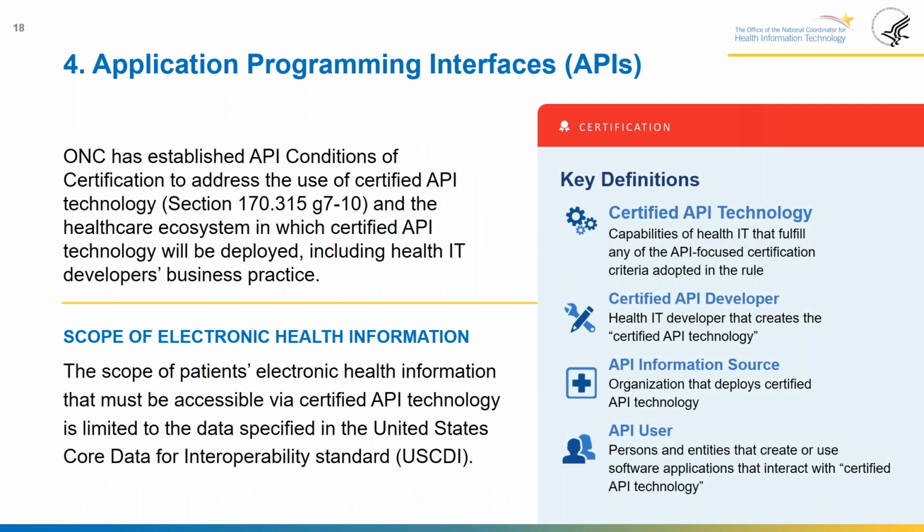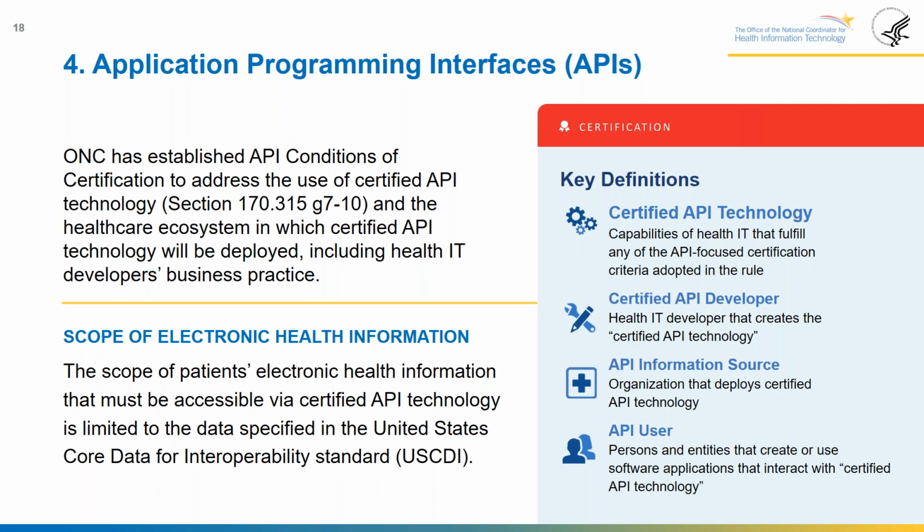Next, we have the application programming interfaces, the APIs. So this is the fourth condition of certification. And this condition only applies for developers that are certified to any of the API criteria, which if you're familiar with our program, it's G7 through G10.